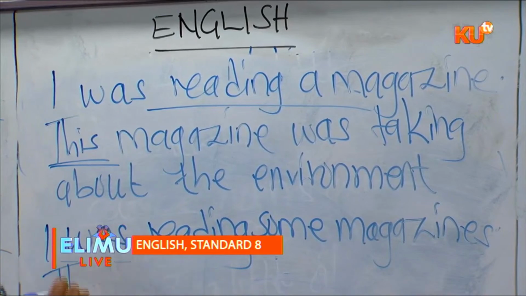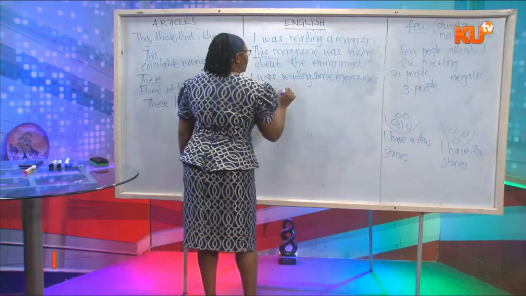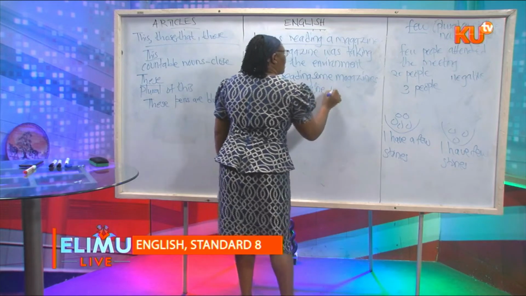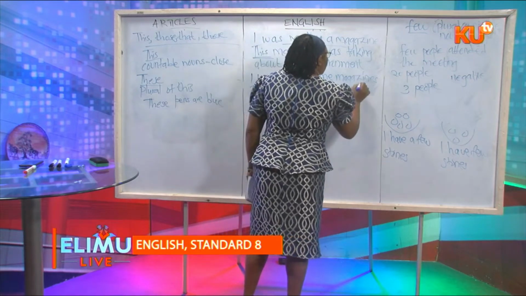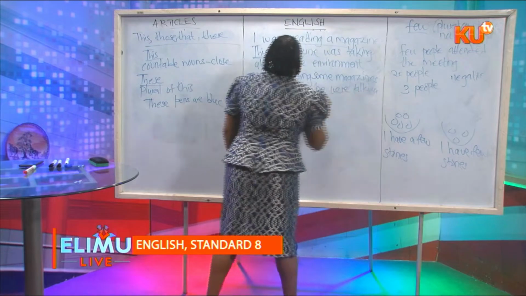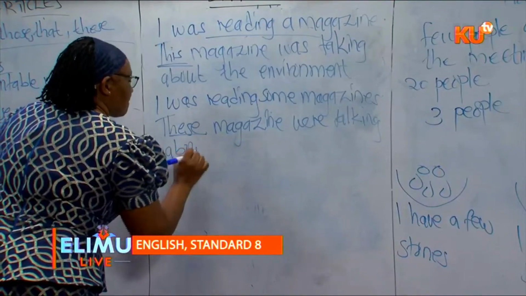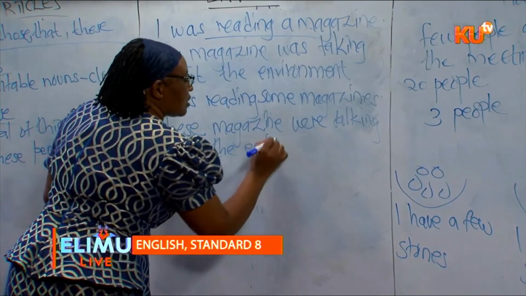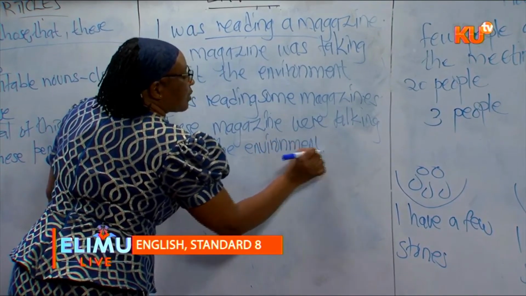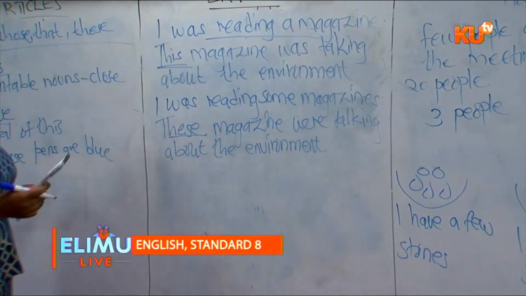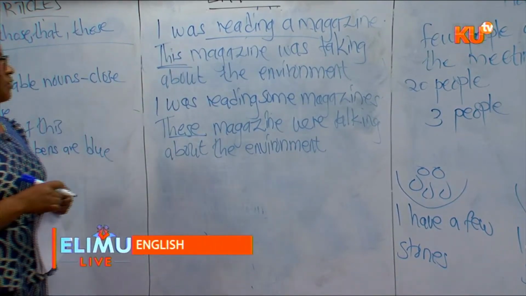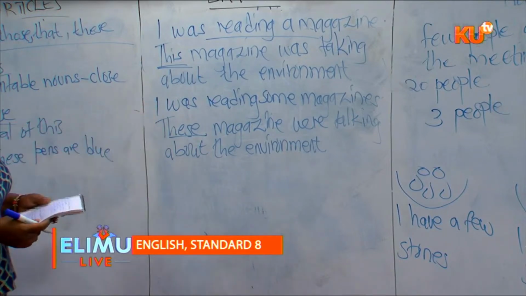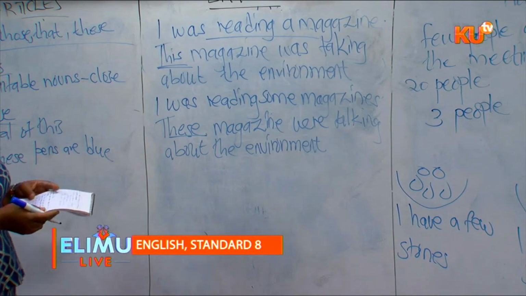So these magazines were talking about the environment. So we have the word this and we have the word these. The word these is a plural of the word this, and that is how they are used in sentences.